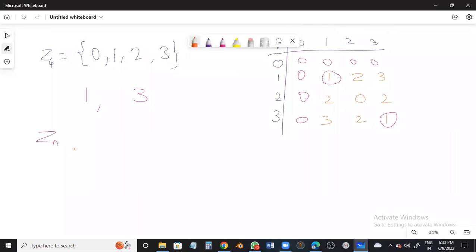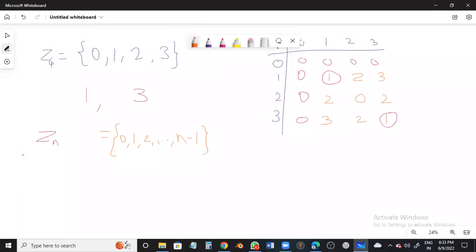If we talk about Zn, then every element starting from 1 up to n minus 1 we have in this particular set. We come from 1, 2, and so on up to n minus 1, as you all know. This is nothing but your Zn. And there is one more entry, that of 0.